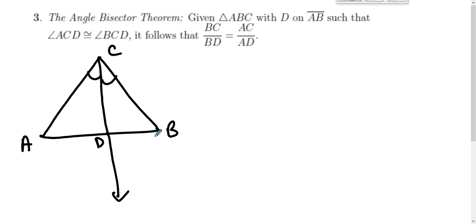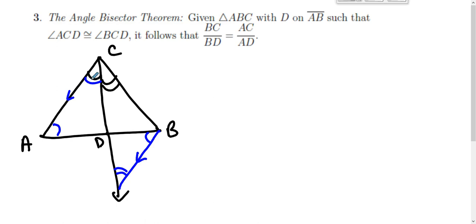We draw a line parallel to AC through B. There's only one. And that means that these alternate interior angles are congruent, and these alternate interior angles are congruent.